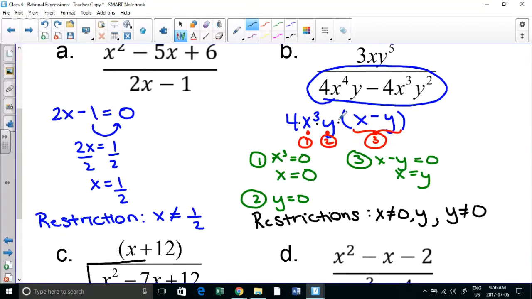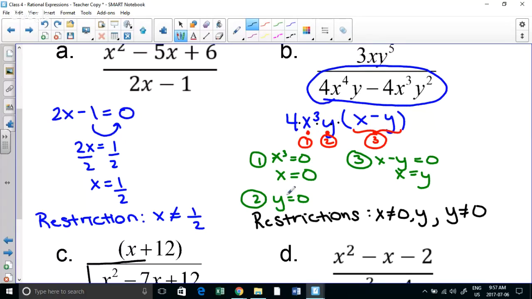So separately, I need to take each of those factors and set them equal to 0, because whatever value makes the bottom equal to 0 is a restriction for me. Meaning I can't have that. So I set the first factor equal to 0, so x cubed is equal to 0, which means x is 0. That will give me 0 on the bottom.